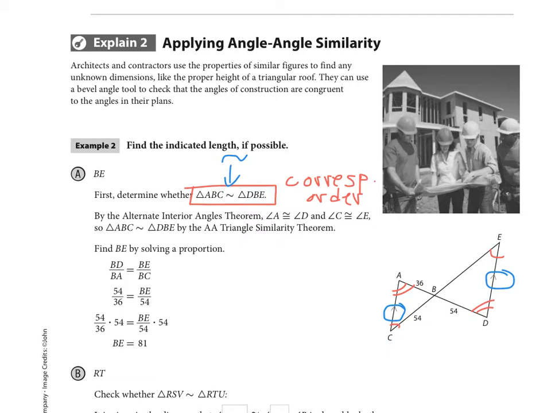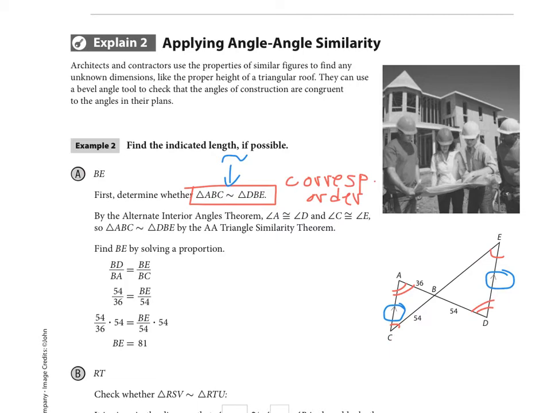So if we're going to find BE, we're going to need to, now that we've proven the triangles are similar, set up a proportion. And in order to do that, we have to figure out what sides correspond. We've got our little road map here, so we can set up the pieces that we need. BE is going to correspond to BC, the last two letters of each of those, so BE over BC on the right-hand proportion.